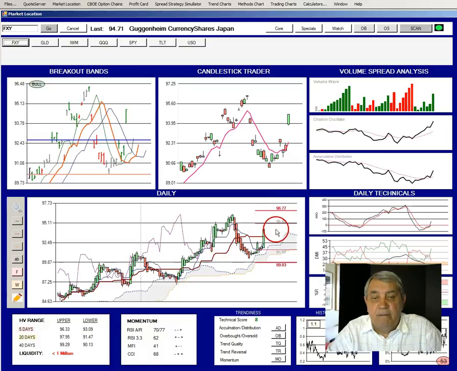But other than that, it looks like because of the upward drift in the Ichimoku cloud, that the yen will push up against the top of the trading range. And if we look down on the left-hand side, based on the historical volatility, we can anticipate a high of about 98 over the next 20 days. So if you're long the yen, hold long.